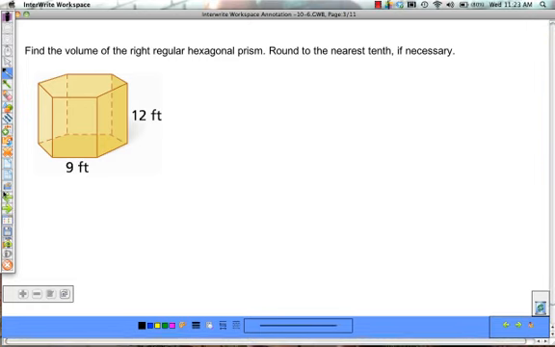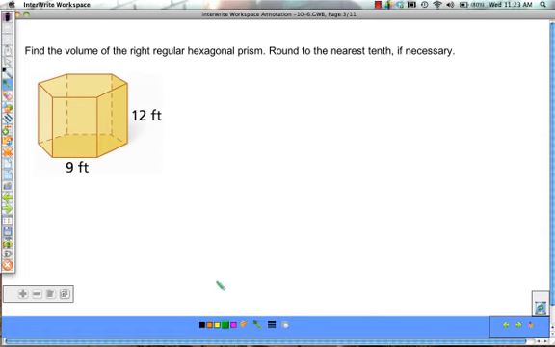We want to find the volume of this right regular hexagonal prism. So remember, when we were using our highlighters, let's highlight what we are trying to find and what we are given. And then we're also given this information here. So now let's make our list.